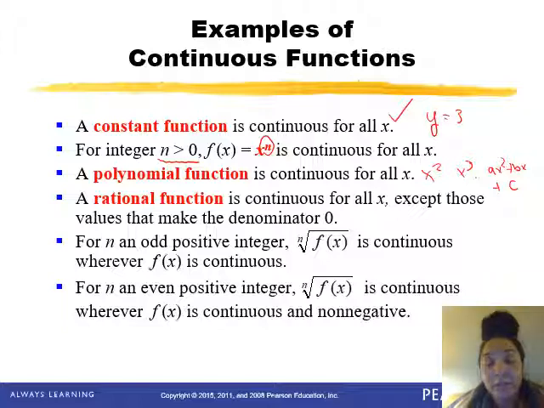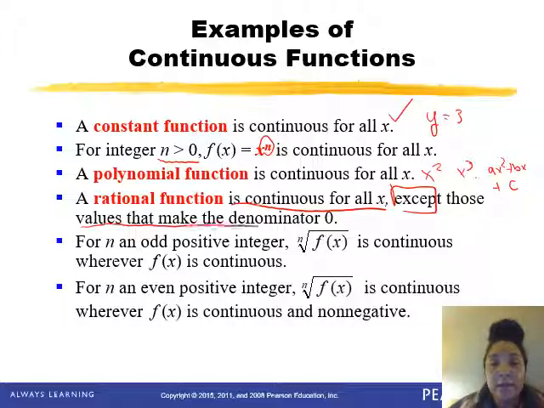A rational function, like the second example, x squared minus 9 over x plus 3, is continuous for all values of x except, there is an except here, the values that make the denominator 0. Just like in example 2, x equals -3 made the denominator 0, and so it is continuous except for that particular value of x.